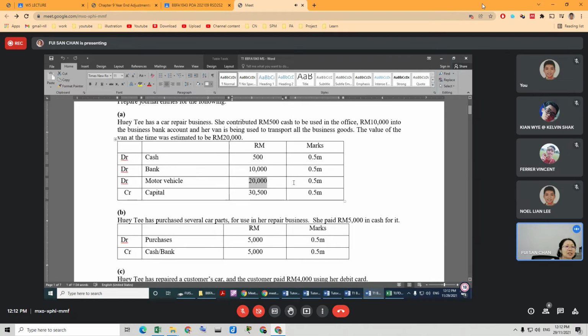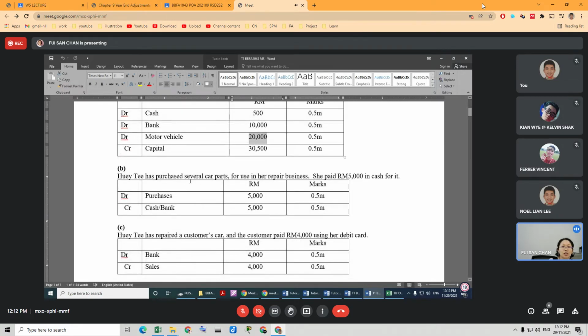Now, Hui has purchased several car parts for use in her repair business. She paid 5,000 in cash for it. Now, these car parts are used because you service cars, so you need to buy some parts.